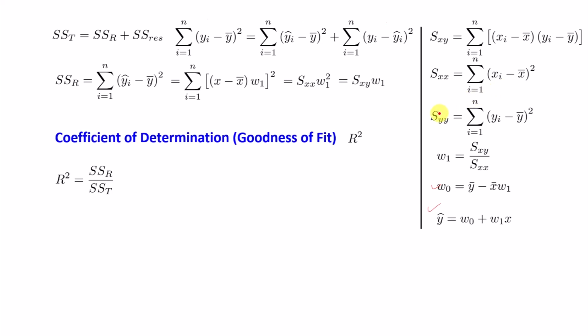Now I define my first term, which will give me something about the quality of regression, and that is something extremely important. If you use one quantity to check the quality of regression, this should be it. That is what we call the coefficient of determination, and it is indicated as R square, and this R square is SSR divided by SST.